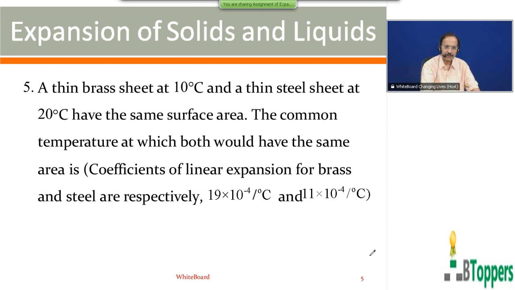The coefficients of linear expansion of brass and steel are respectively 19 × 10^-4 per degree centigrade and 11 × 10^-4 per degree centigrade. So the initial area is the same at different initial temperatures. We need to find the final common temperature at which both have the same area.